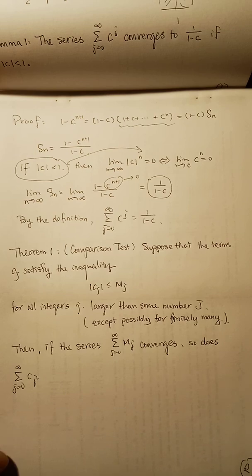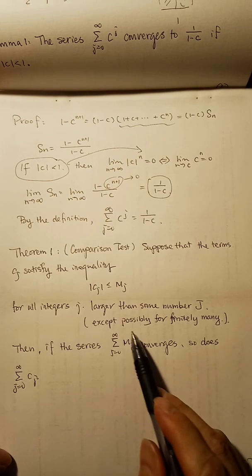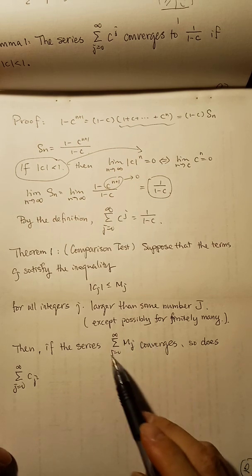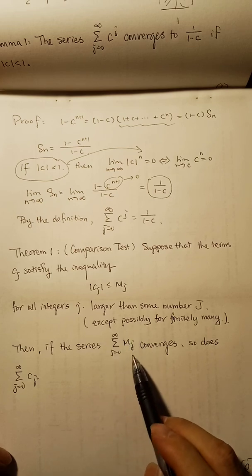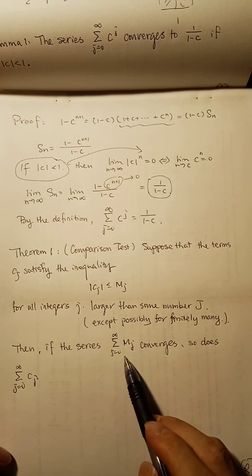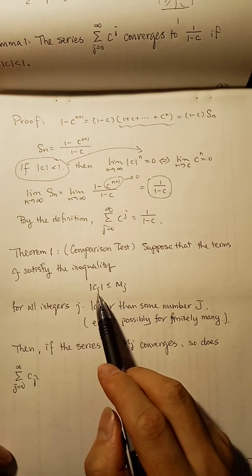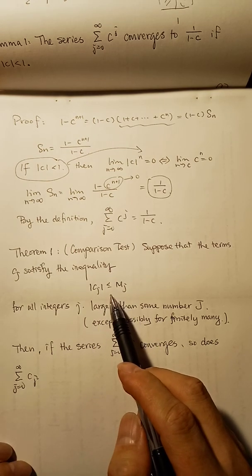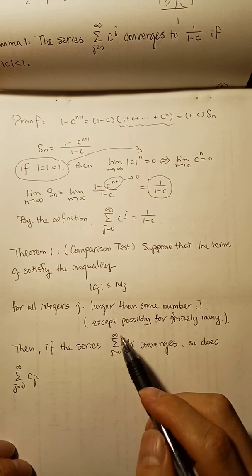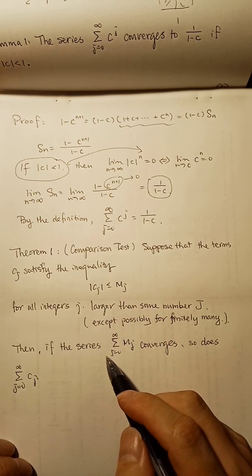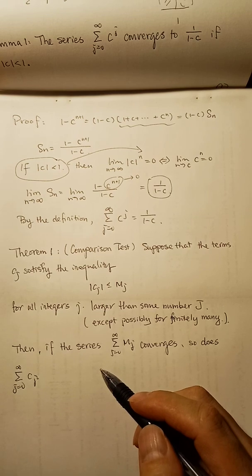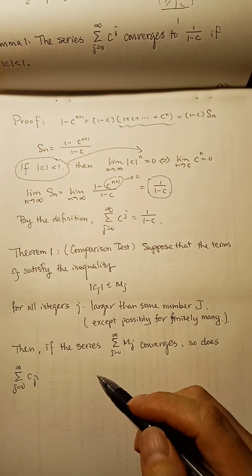Okay, so the comparison test means if you already have a convergent series, and you compare your series with it, if your series is smaller than the convergent series term by term, then your series also converges. Okay, so that's the comparison test.